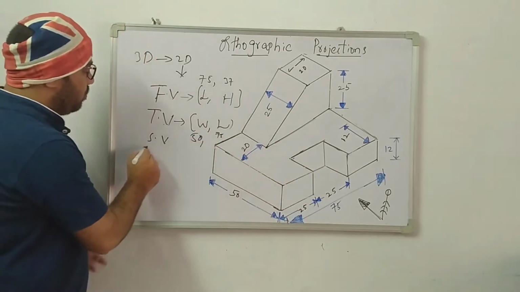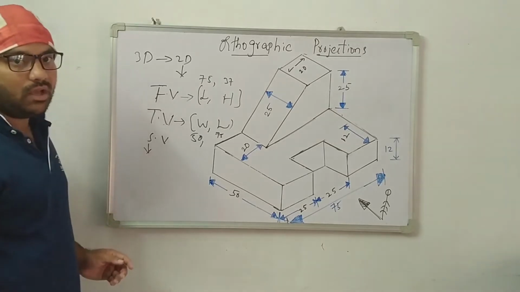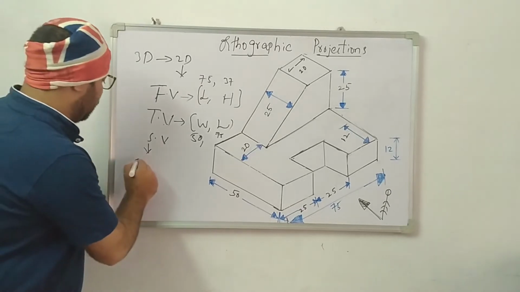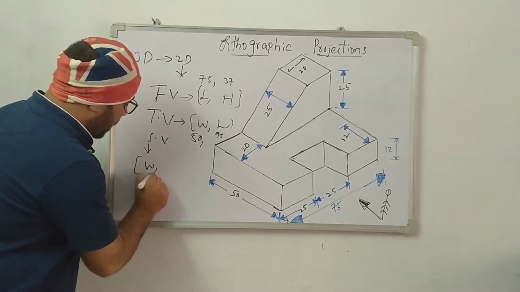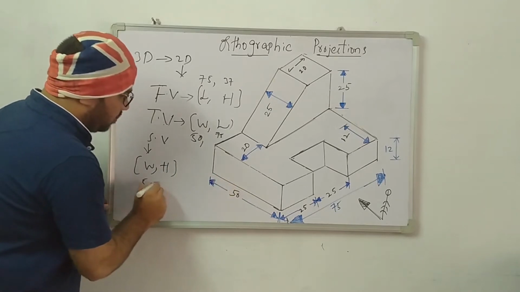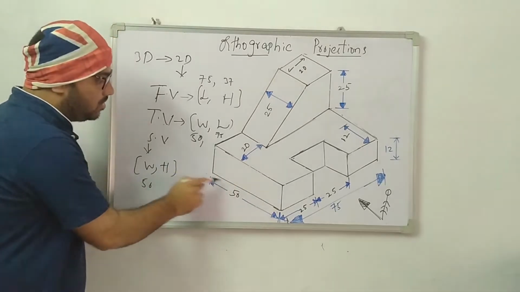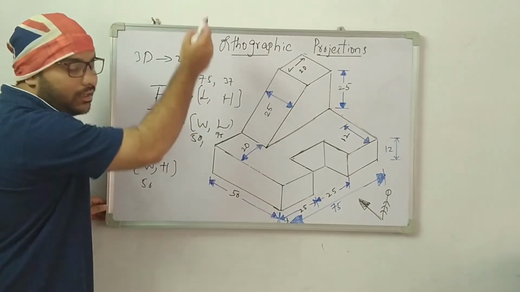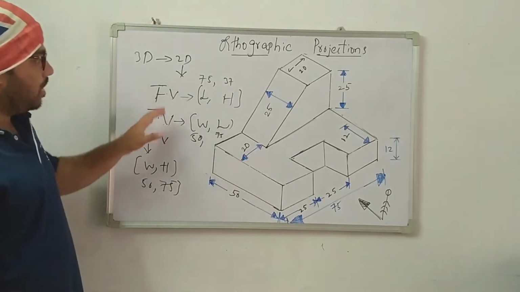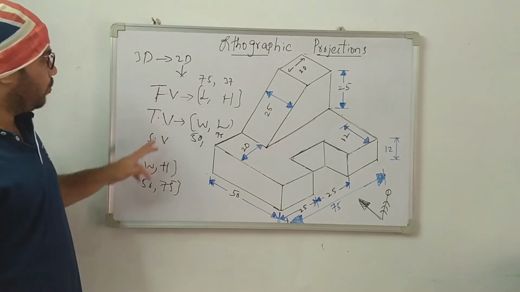Now in the side view we are going to see the total height and width of the object. Width is already mentioned; in the side view I am going to see the 50 width and the total height. The height is 37. Now we are going to draw the front view, top view and side view.